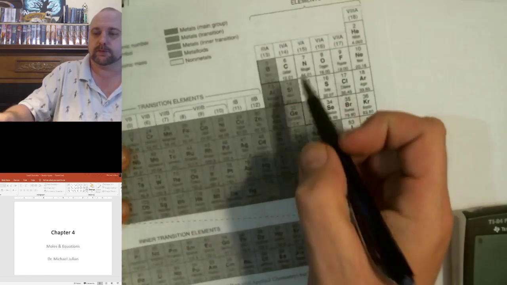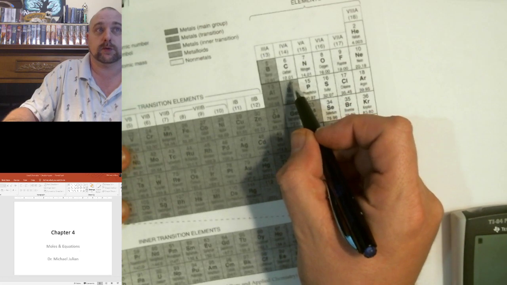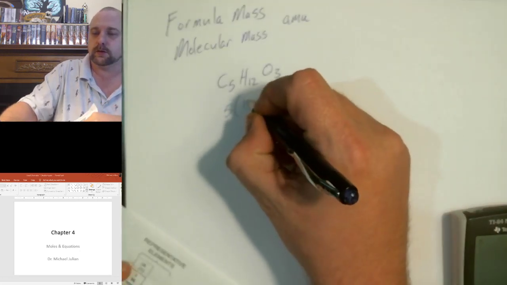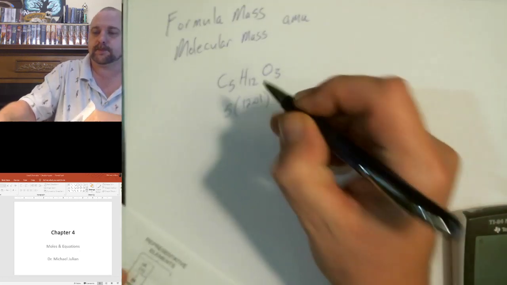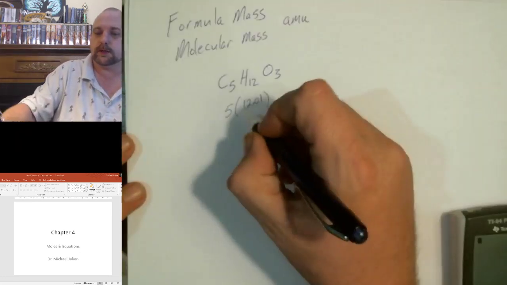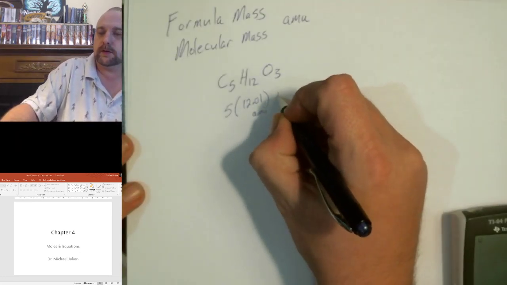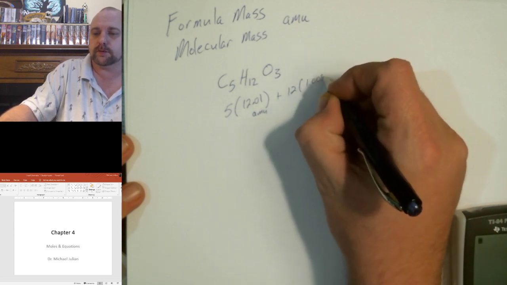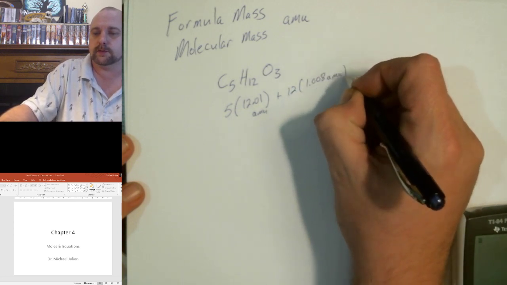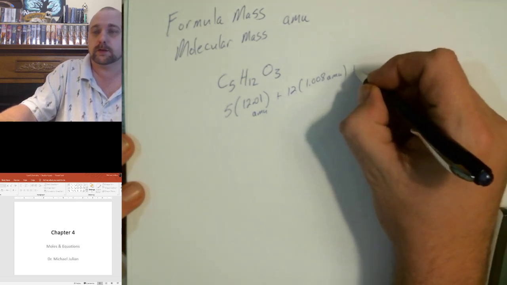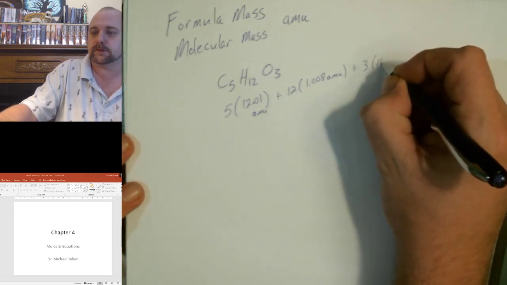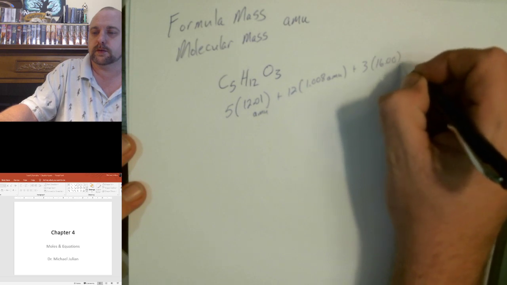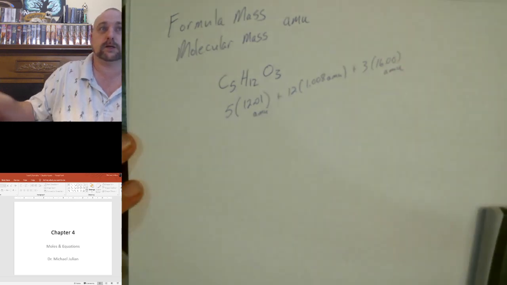So I'm going to come over here to my periodic table. 12.01 for carbon. The units on that will be AMU, plus 12 times 1.008 AMU for my hydrogen plus 3 times 16.00 AMU for my oxygen.